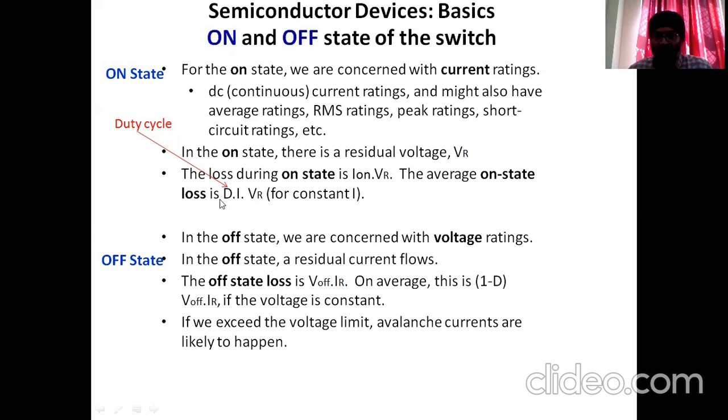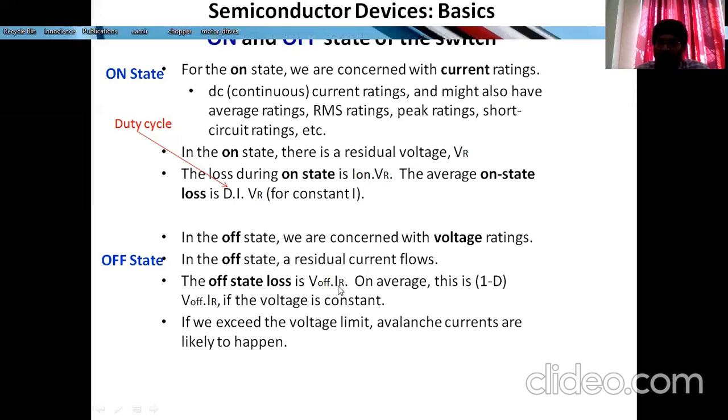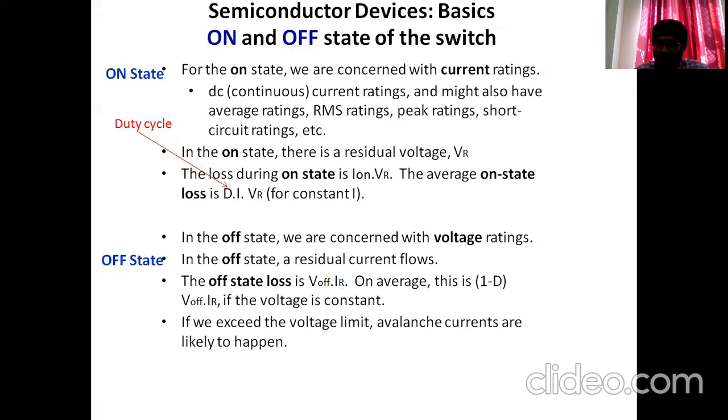For the duty cycle, we need to consider for what percentage of the time cycle this switch was on. We'll see that. In off state, we are concerned with voltage ratings. In off state, residual current flows. Again, the off state voltage multiplied by the off state current gives an off state loss, as we said in the previous slides.